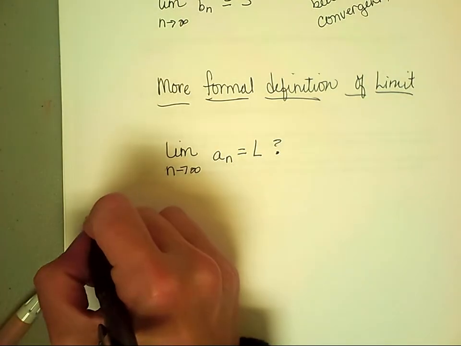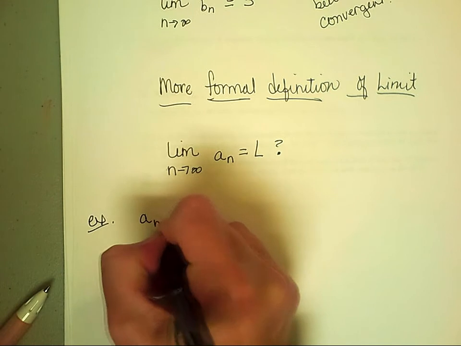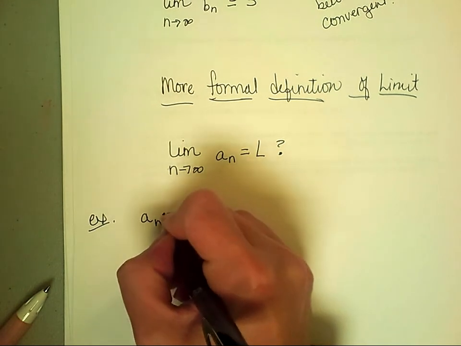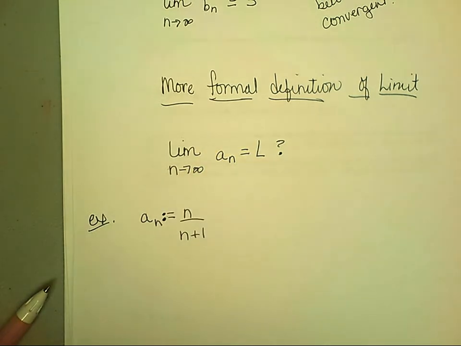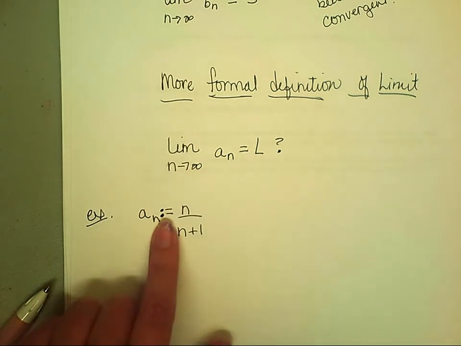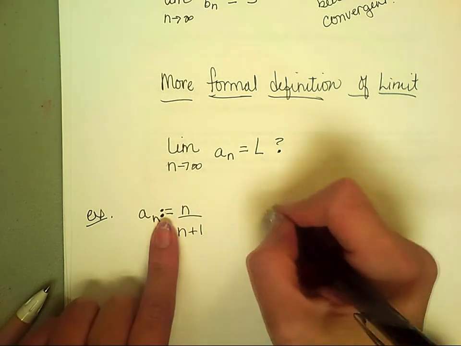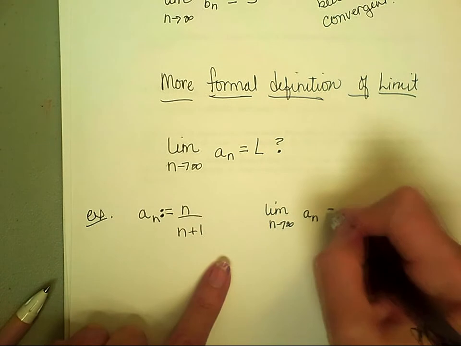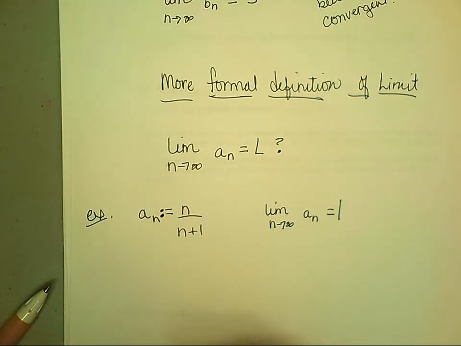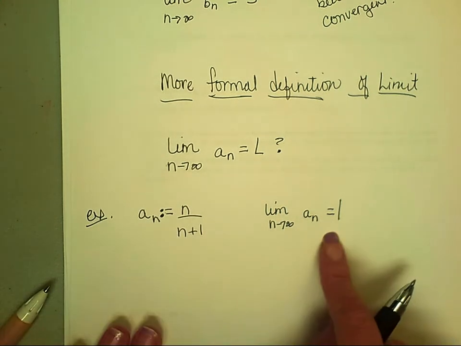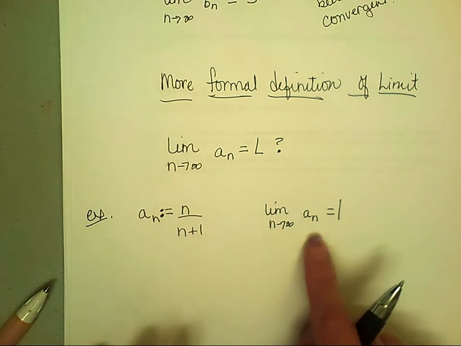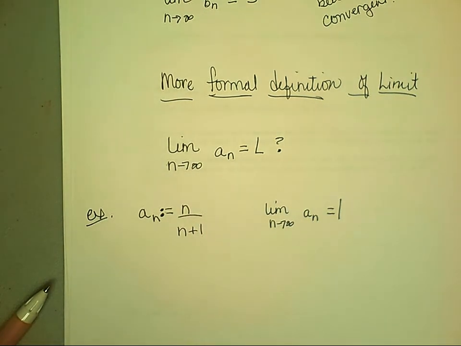So again, let's go back to our example where a sub n was defined to be n over n plus 1. Sometimes you'll see a colon in front of this, and this just means that it's defined to be. And we already said that the limit as n goes to infinity of a sub n was equal to 1. So that means as n increases, this sequence, which is a function, will be approaching 1.